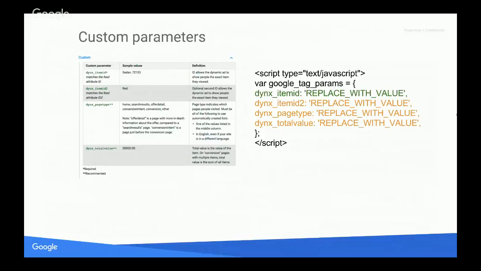The custom parameters are the only way to dynamically send values to your AdWords account based on information on the page, such as product ID. These custom parameters can have multiple values for dynamic remarketing, and you'll need to use the required custom parameters at a minimum. So the highlighted green part, dynamic X underscore item ID, is required. The three others are recommended, but we highly encourage you to use these as well.